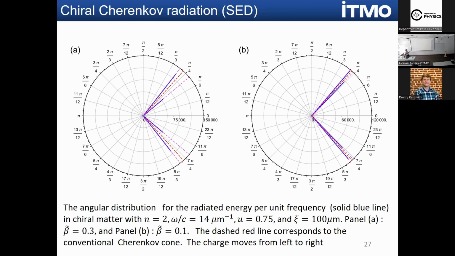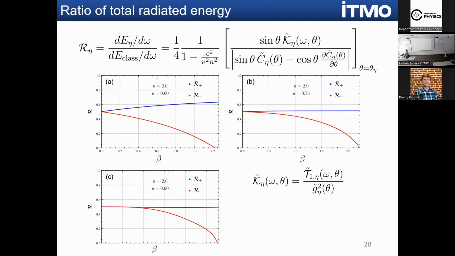So when this is approximately 0, they go in the same direction we would expect for the standard Cherenkov radiation. So all our results are consistent with what we expect to obtain in the limit cases.